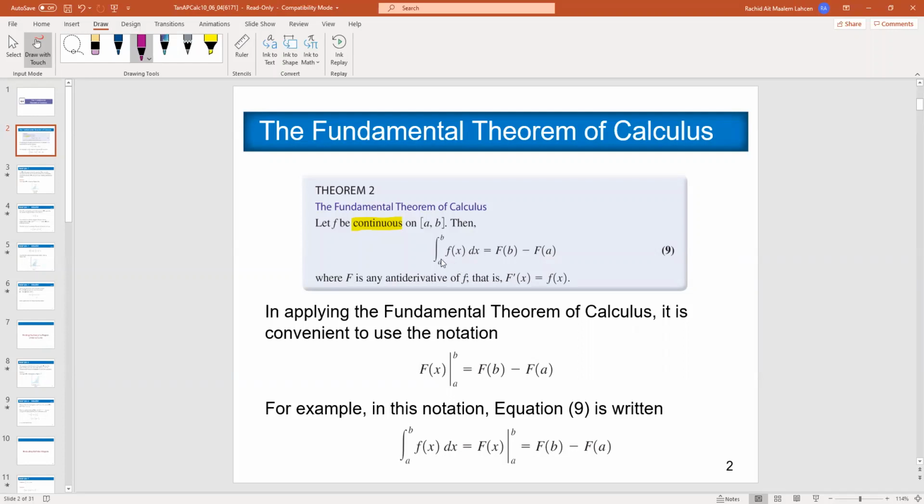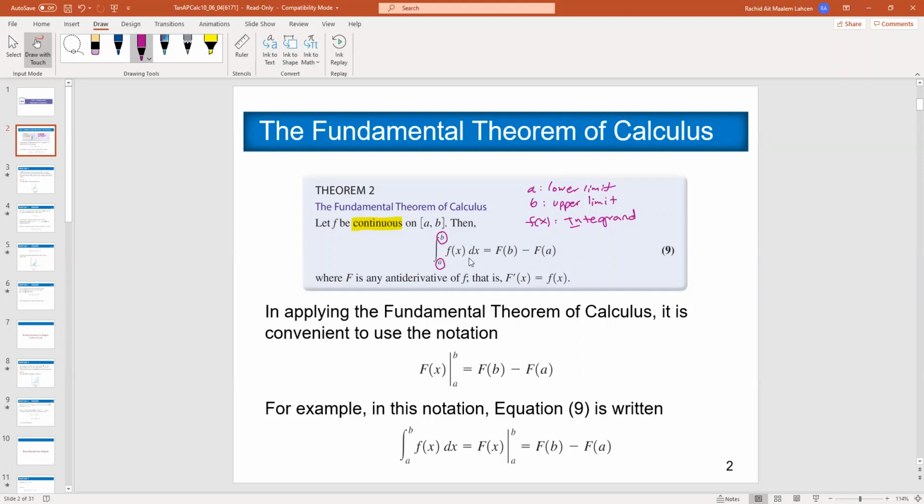Now we define the upper limit and the lower limit. The lower limit is A and the upper limit is B. F of x is the integrand.